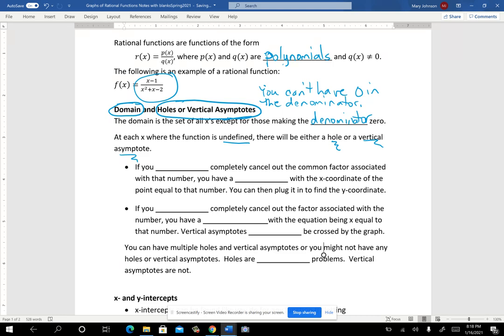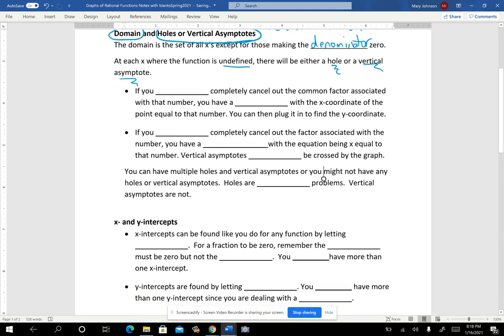If you can completely cancel out the common factor associated with the number, so you're going to have either a hole or a vertical asymptote.